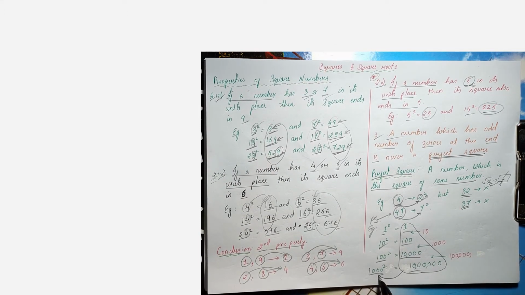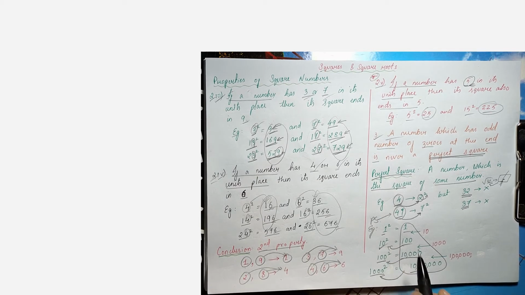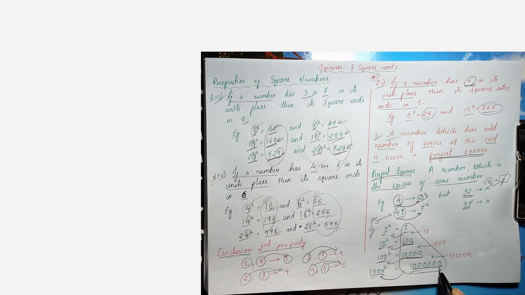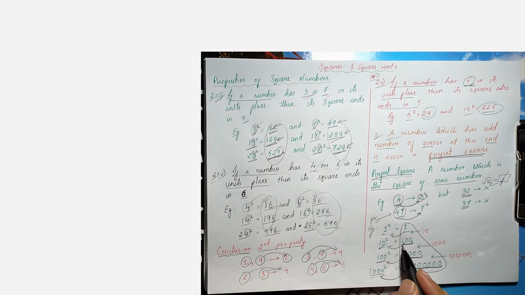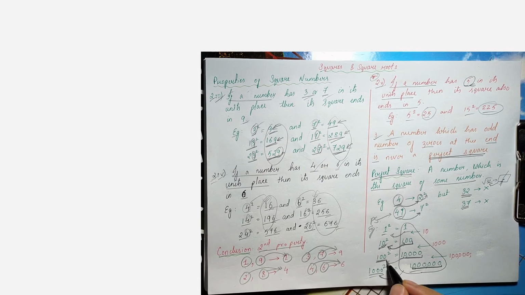Why? Because they are squares of these numbers, and they don't have decimal points, obviously. Now it is to be understood that this has 2 zeros, whereas this has 4, and this has 6 zeros. But they are the squares of 10, 100. Now 10 has only 1 zero, whereas 100 has 2 zeros, so there's nothing in between.